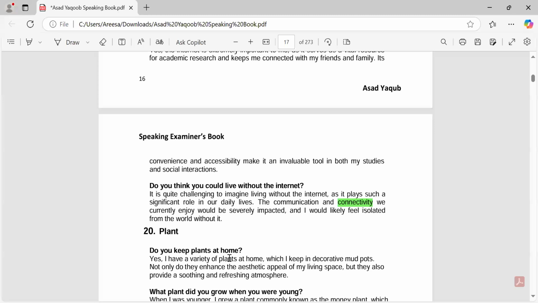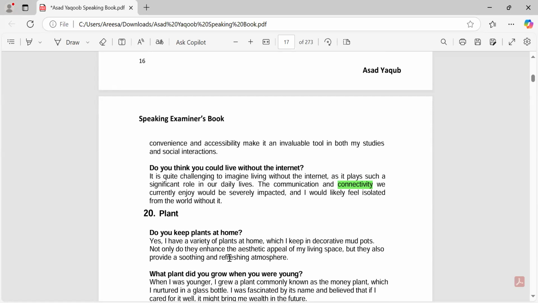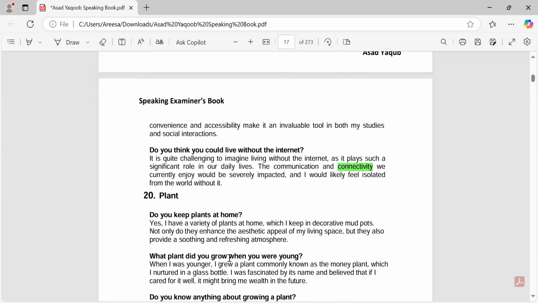I was interested in planting these kinds of plants in my gardens, which was my hobby, and I pursue that hobby till now, and I'm doing that presently. All right. I think it was a little bit long.